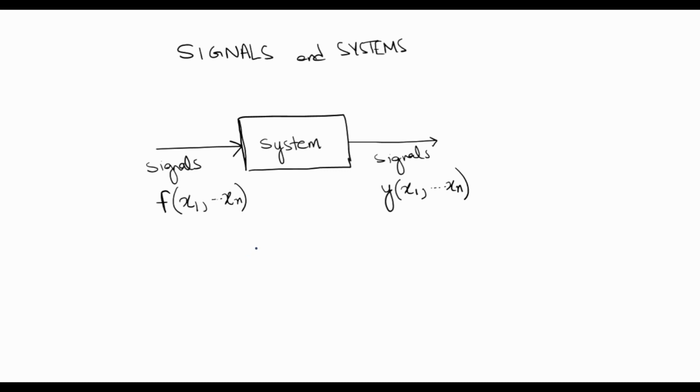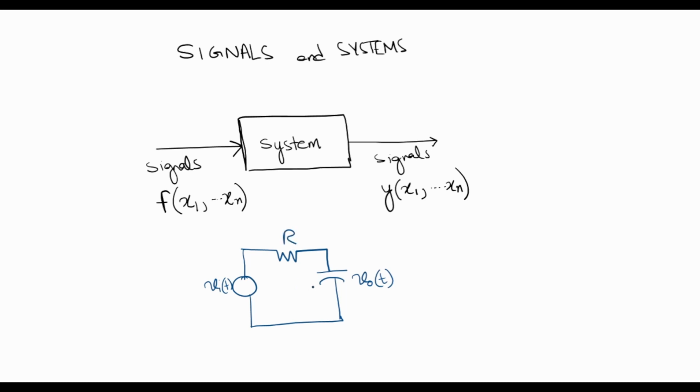Now let's look at some examples of systems in electrical engineering. For example, an RC circuit, which has its input Vi of t and produces an output across the capacitor V0 of t.